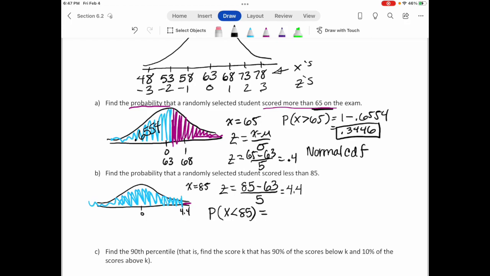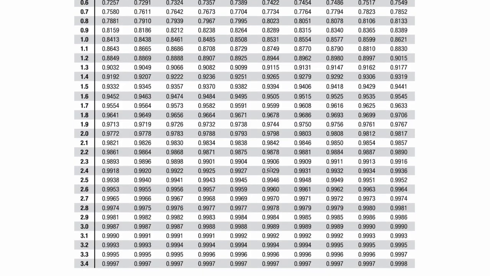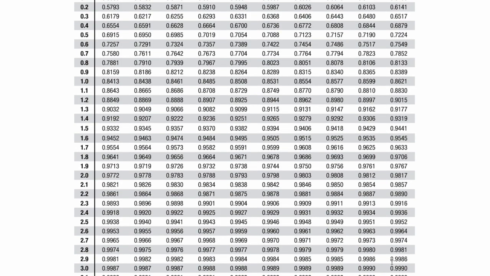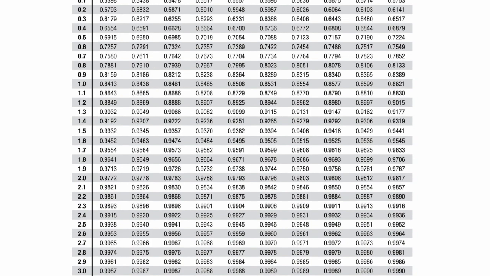Now let's use the table to actually calculate what that probability is. It looks like the highest it goes is 3.4, and that's actually 3.49 if you look at the hundredths place up here.